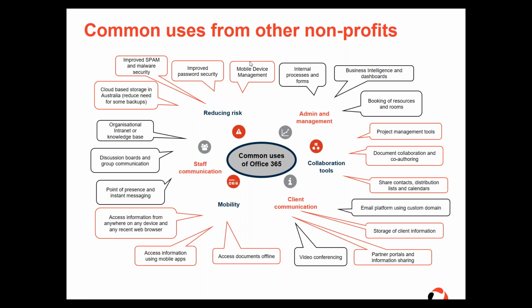And the other thing that is becoming more and more important nowadays is security and privacy. It's getting better and better at things like protecting you against spam and malware and CryptoLocker and those sorts of things. Compared to a lot of organizations who used to just host that on a server in their office without any sort of third-party spam products, you now get inbuilt spam protection for free as part of Office 365.